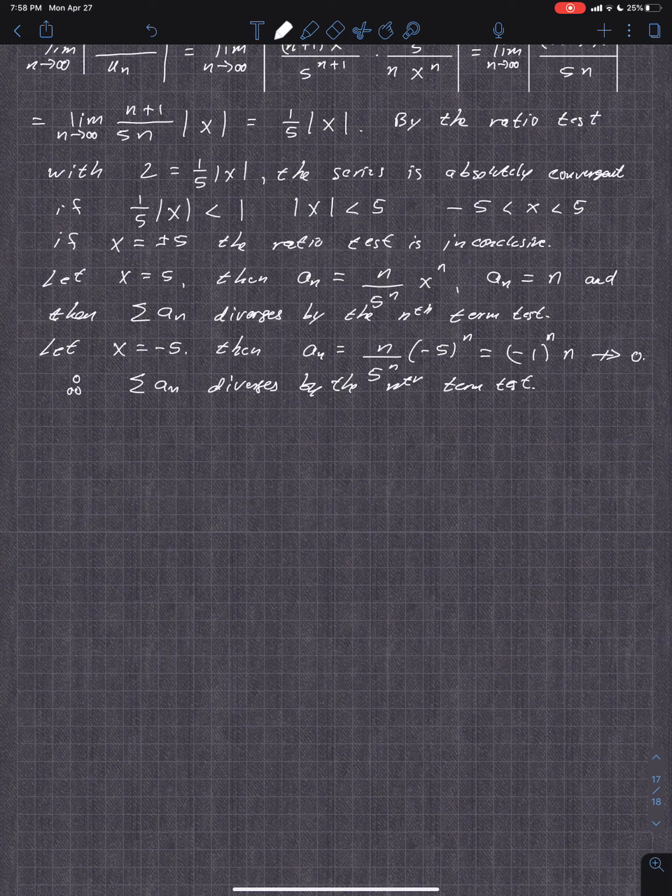All right, so then what you get is the series converges only for x in the interval from negative 5 to 5, not including the endpoints, and diverges otherwise.